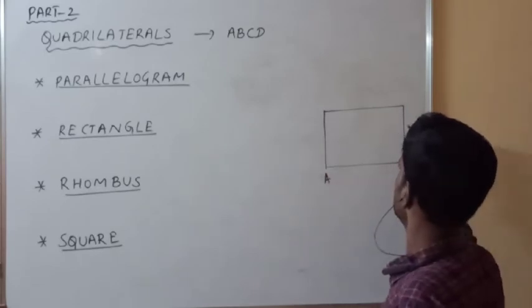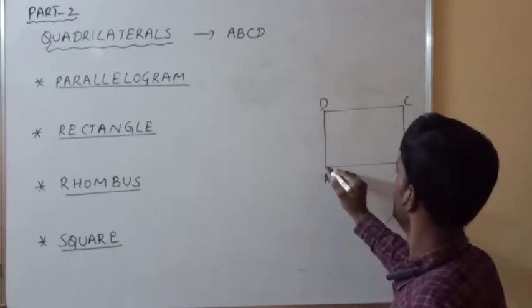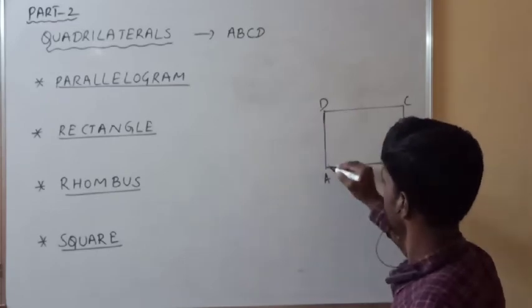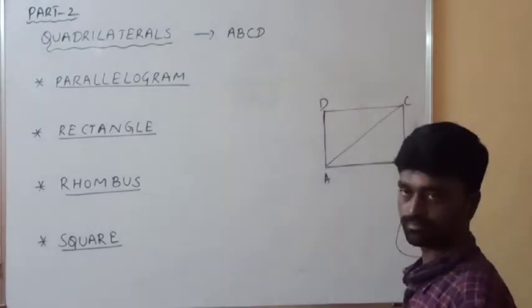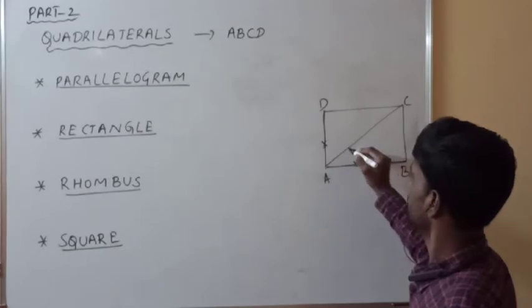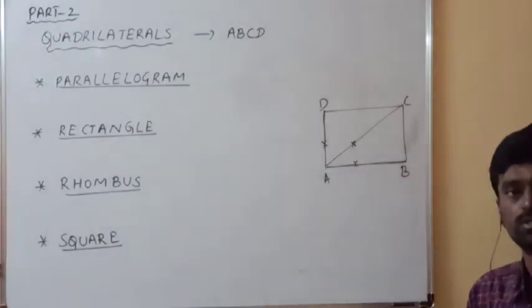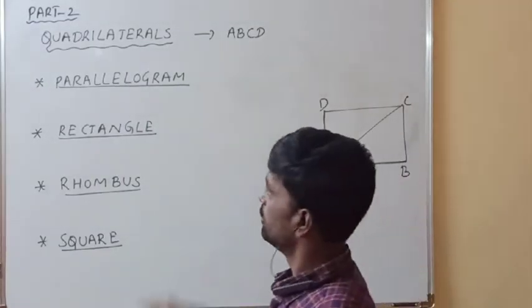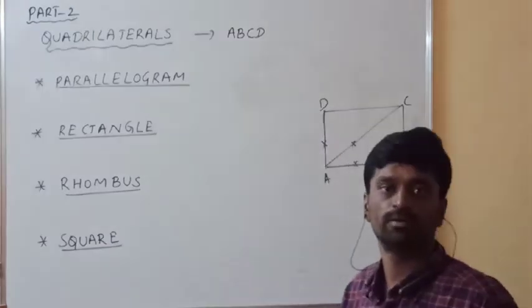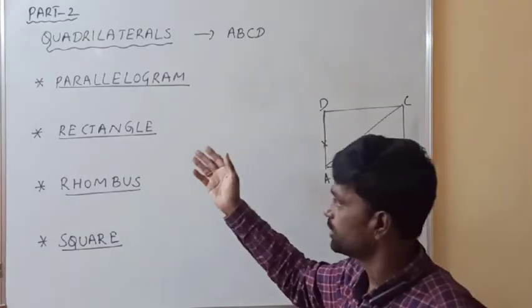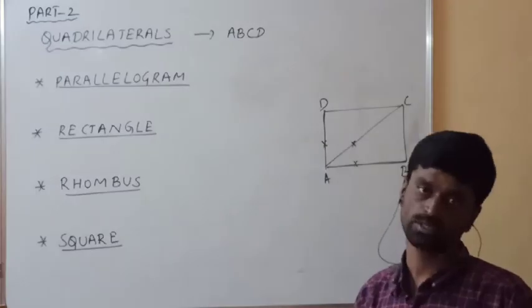Only these 3 are enough. From those 3 only we can identify which figure is formed by the given 4 points: either parallelogram, rectangle, rhombus or square.